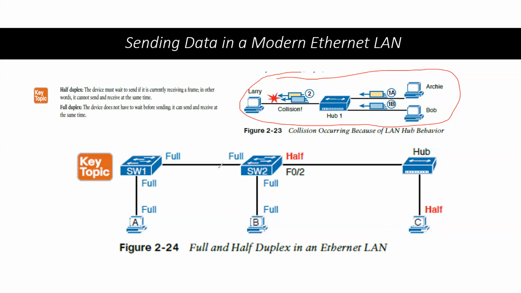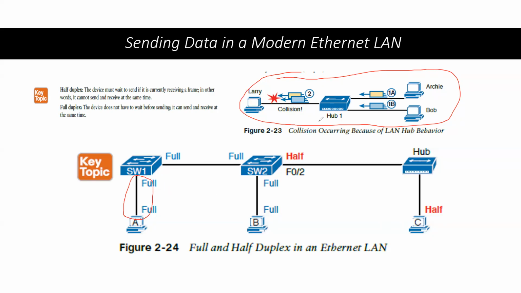Well, somebody back in the day said, what if we create something better than a hub, that can give us individual collision domains on each port? What will that enable us to do? It'll enable devices to send and receive data at the same time.